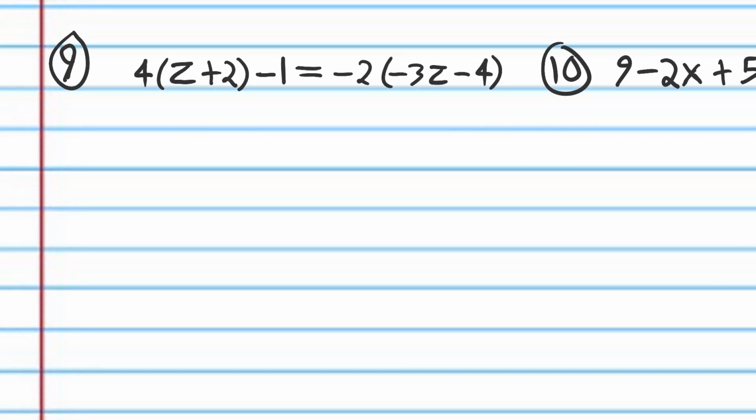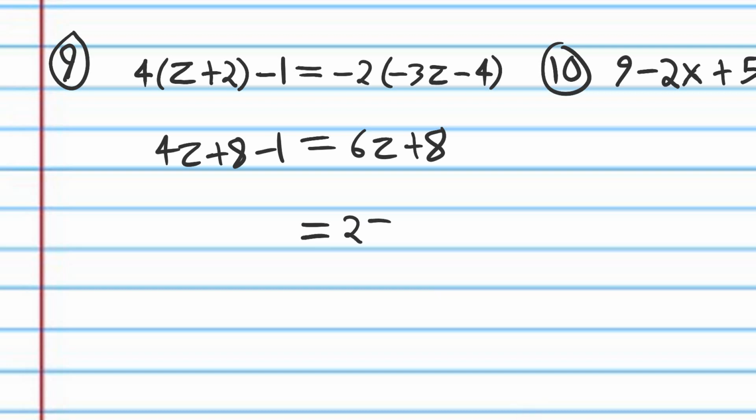All right, we're back. We get 4z, and we're going to subtract 4z from both sides. Oh, whoops. Before we do that, we need to simplify the left side of the equation. Always simplify before you start performing operations on both sides of the equation. 8 minus 1 is 7.